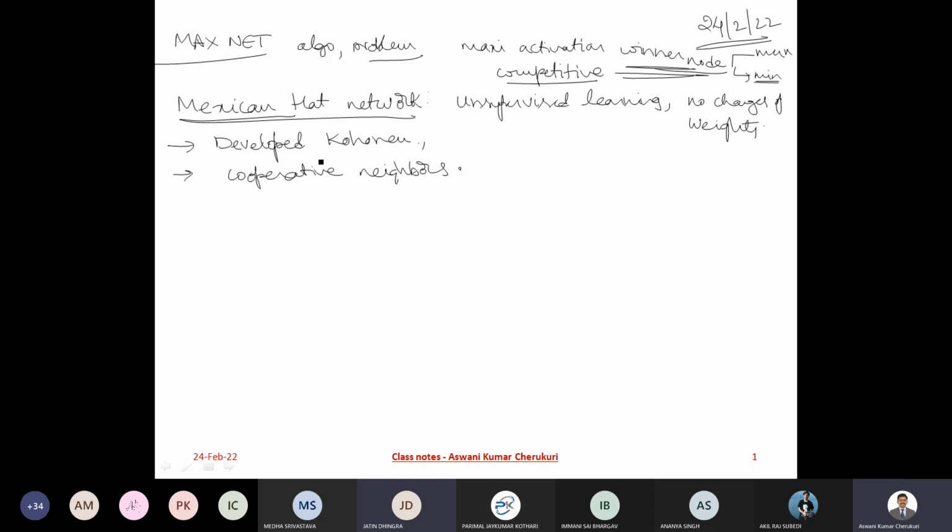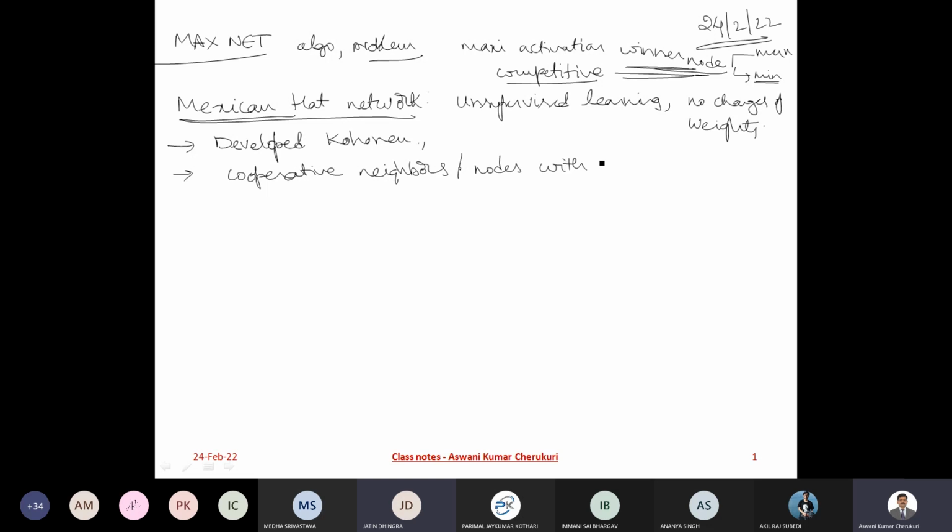So the point is that when there is cooperation among the neighbors, it is not that all nodes would have cooperation. Cooperation would be restricted to the neighboring nodes or the nodes with proximity. That is called the radius, which we will be discussing. So in the Mexican hat network, you will find cooperative neighbors, and you can even call them nodes with proximity.